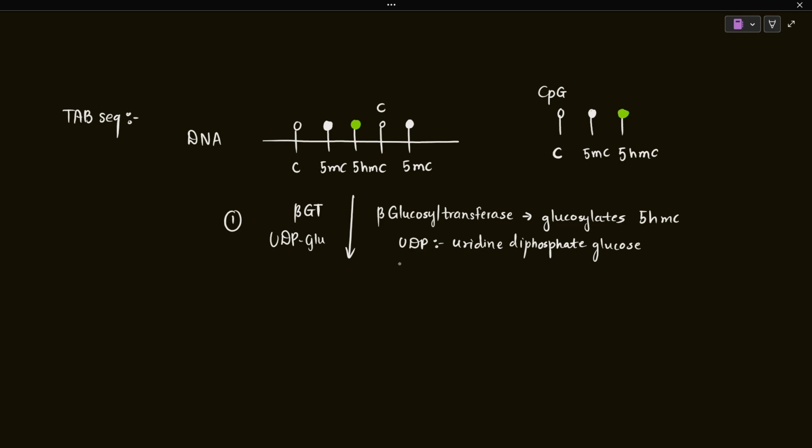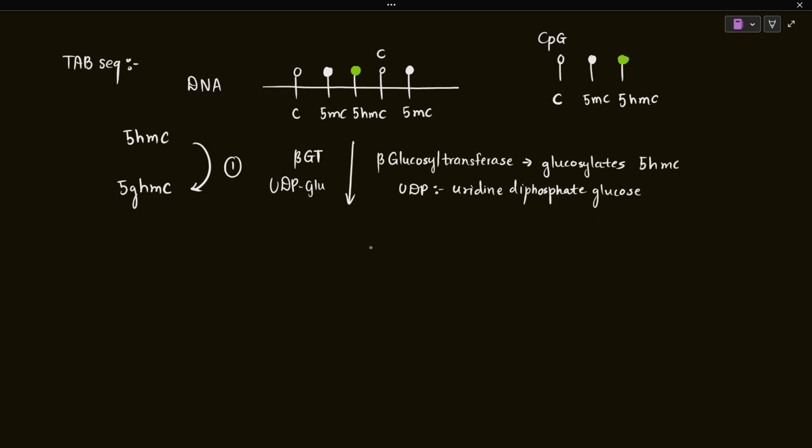From this UDP glucose, we take the glucose group, and that is transferred to the 5-hydroxymethyl cytosine, and this beta GT converts 5-hydroxymethyl cytosine to 5-glucosyl hydroxymethyl cytosine. So this glucosylates the hydroxymethyl cytosine. So what happens after the beta GT treatment? Let's just copy this DNA.